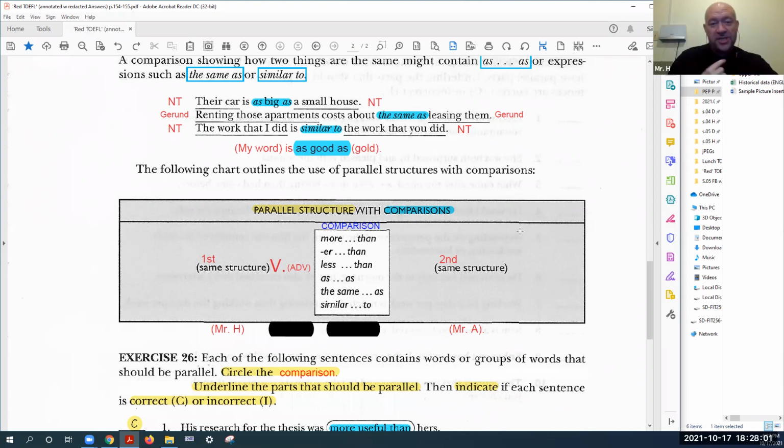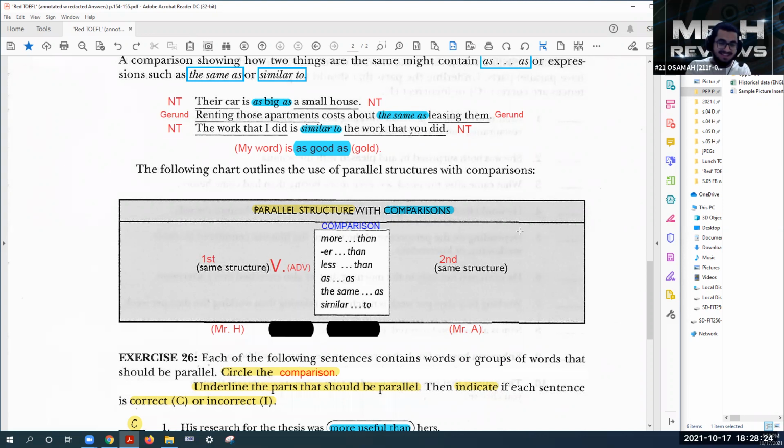I want you to use the adjective, okay? The adjective, here it is: fat. Just make a correct comparison, but use the adjective fat.